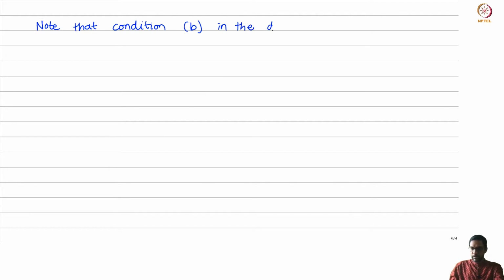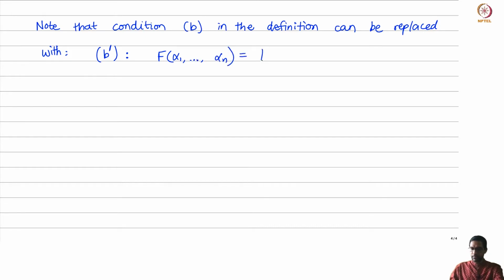in the definition can be replaced with an equivalent condition. So let's call that B dashed. Okay, this is now called condition B dash, which is the following: that F(alpha 1, alpha 2, ..., alpha n) equals K, where what is F(alpha 1 through alpha n)?